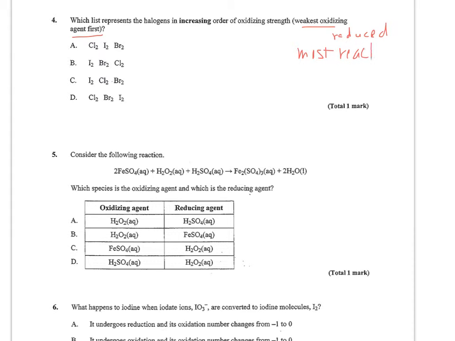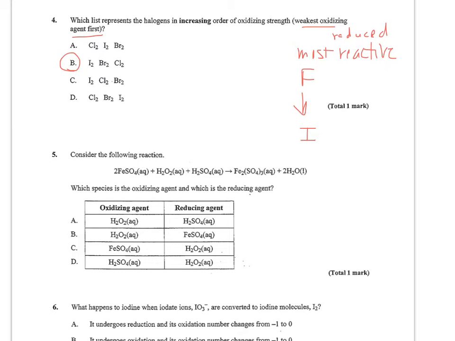And you should remember that the most reactive halogen is fluorine because it's the smallest of all the halogens. And then the reactivity decreases as you move down to iodine being the least. So in this set of choices here, iodine, bromine, and chlorine, iodine is the least reactive, and chlorine is the smallest, so it is the most reactive. So B would be my correct choice.